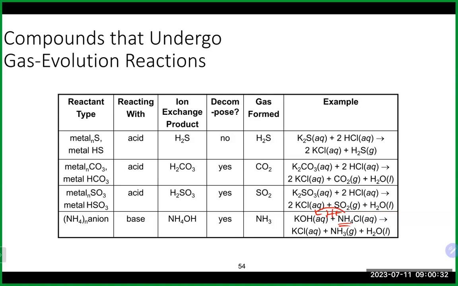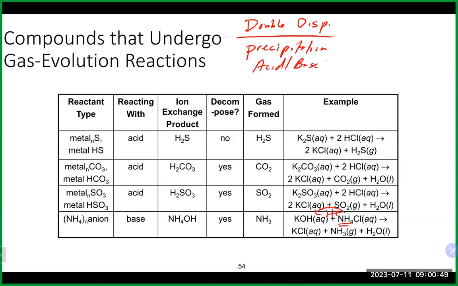Okay, so double displacement reactions, as I mentioned, is that big classification where, as we've seen, more specifically, precipitation reactions and acid-base reactions fall underneath as a more specific classification.